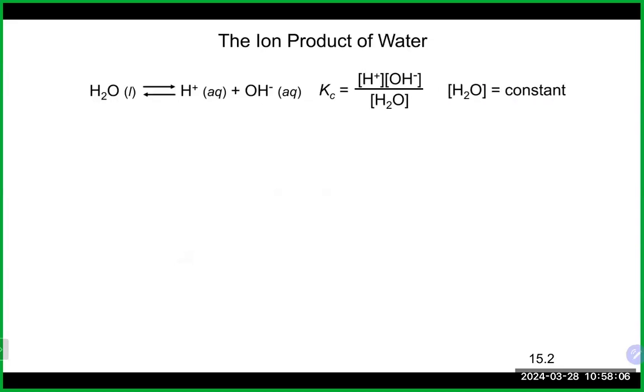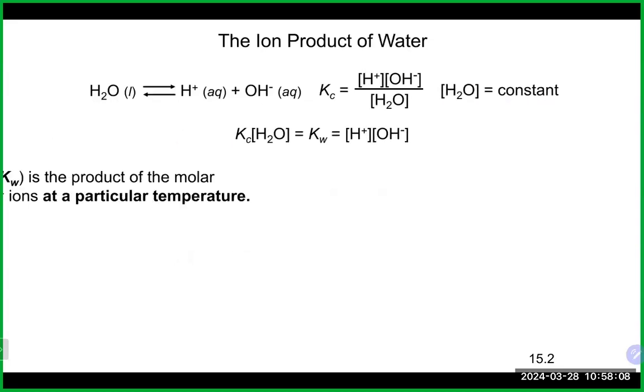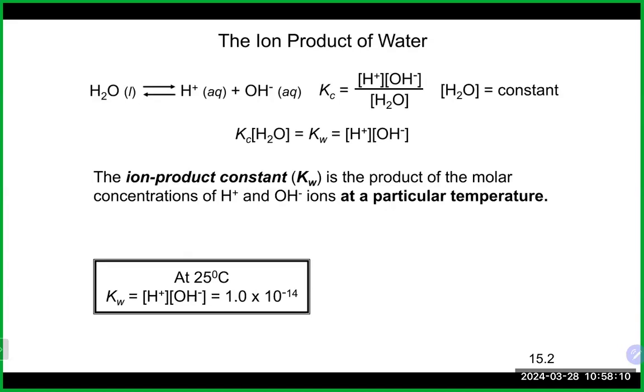So when we write this like normal, we do not include our water, which is a pure liquid, which means our Kw would be the concentration of H plus times the concentration of OH minus. And for the most part, it equals 1 times 10 to the minus 14.